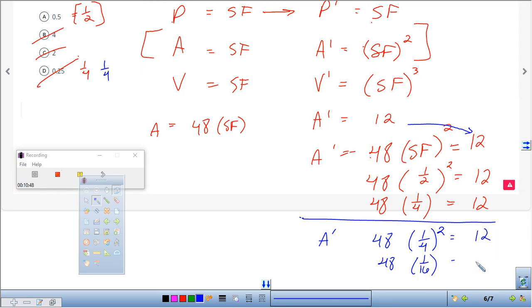Is that equal to 12? 48 times 1/16 is 3. They're not equal, because you want 12, but it's giving you 3. So that one's completely off. It's kind of a crazy idea, but it checks out.